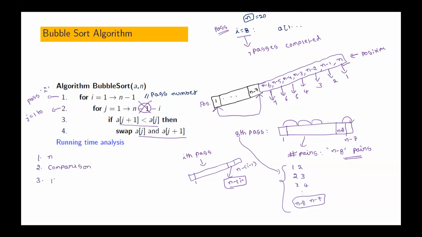Let T of n be the number of comparisons when n is the input size. Now, T of n, does it depend only on n or on the actual values in the input also?